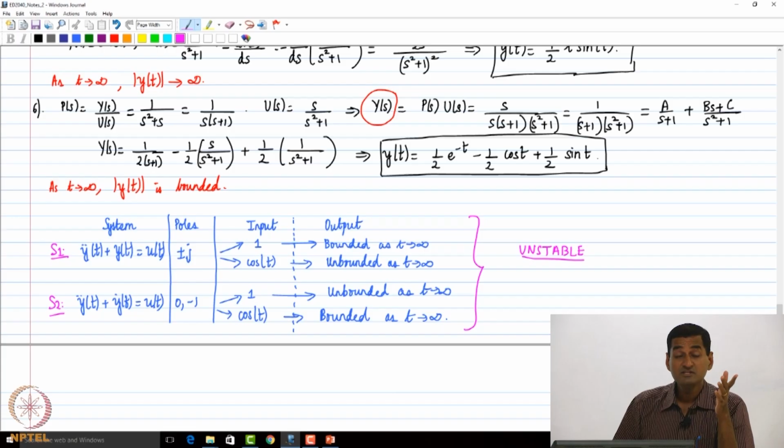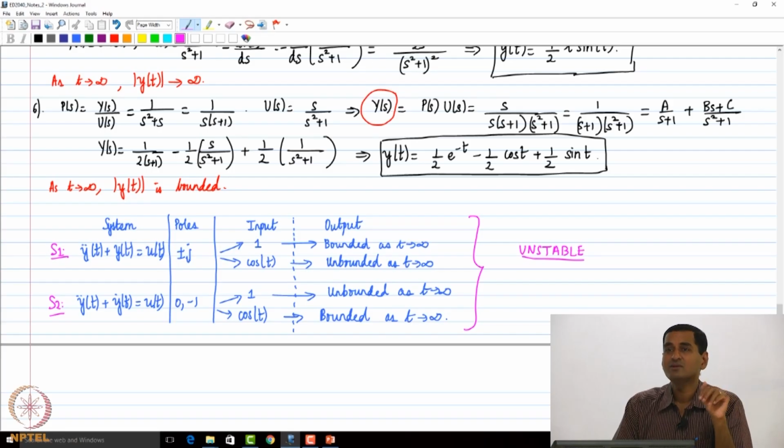So if you want to figure out the output response to an input and comment on stability, don't choose impulse and ramp, because they are not bounded inputs to begin with. If we choose step input, the output of S1 was bounded, and if you choose sinusoids of any angular frequency other than omega equals 1, the output will be bounded.